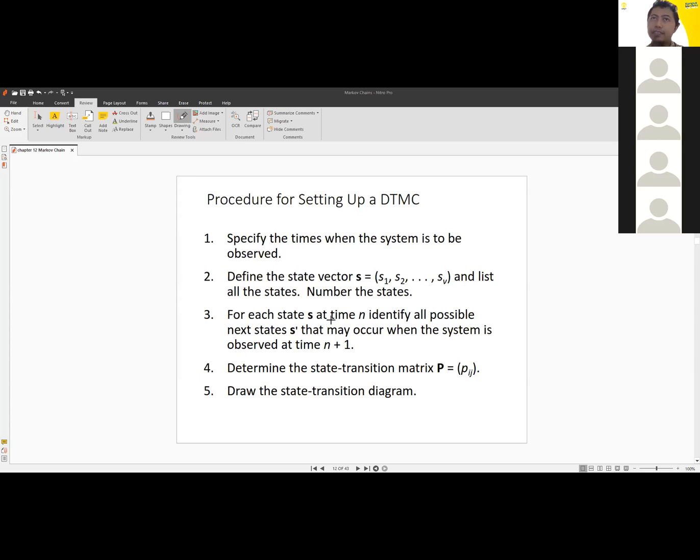For each state at time n, identify all possible next states that might occur when the system is observed at time n plus 1. Determine the state transition matrix P, which is a square matrix. Then draw the transition diagram. You can exercise by yourself. I think there will be no problem for you. Any questions?